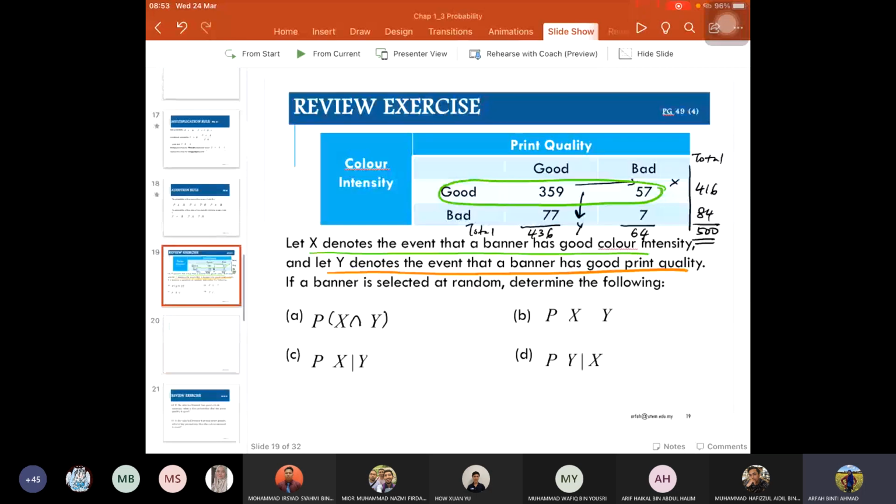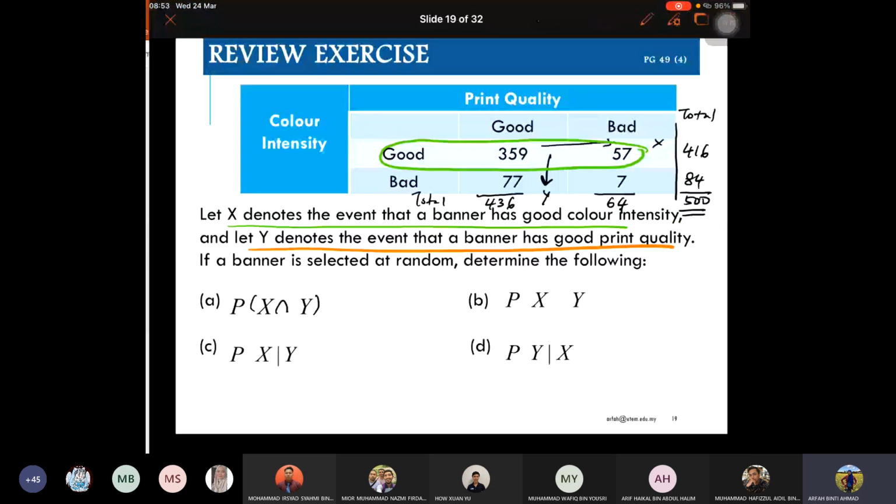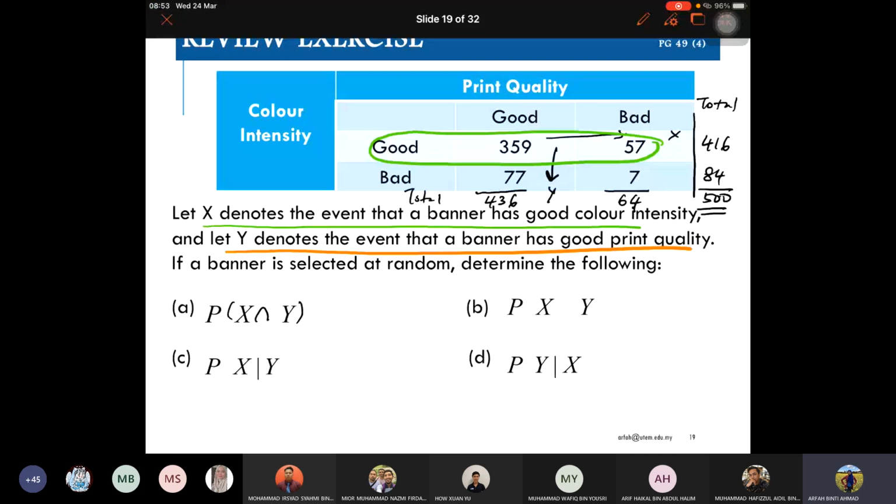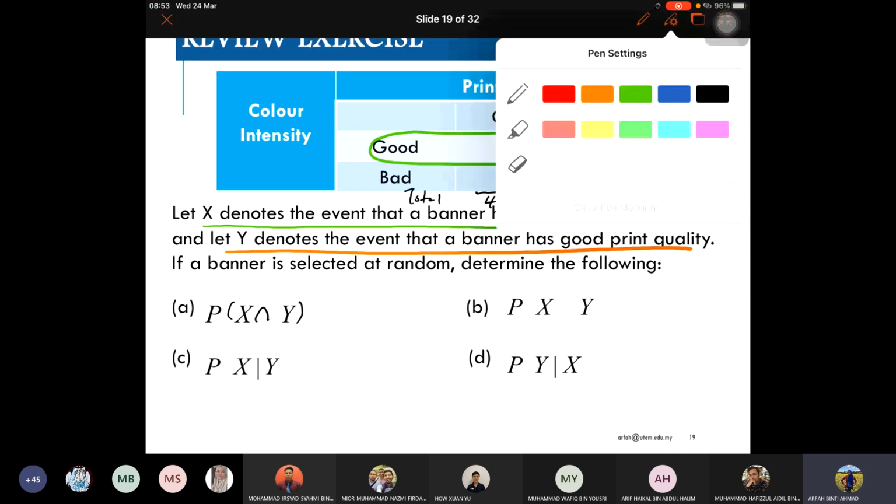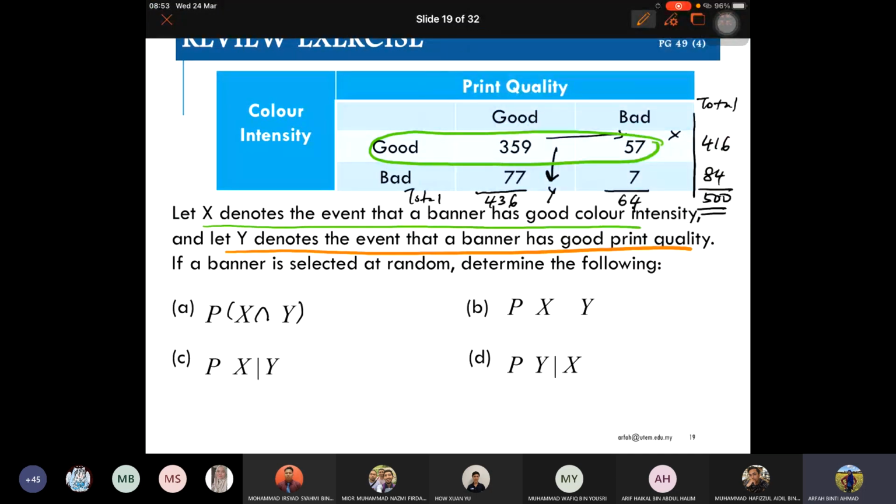So yang ini adalah event Y. A banner has good print quality. Okay. Print quality. So yang ini adalah event Y.